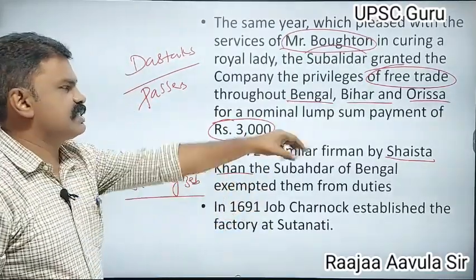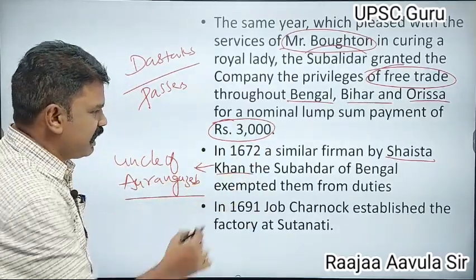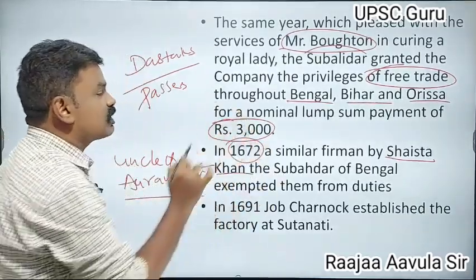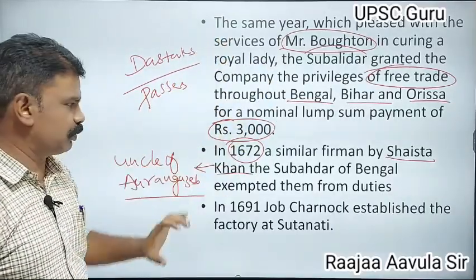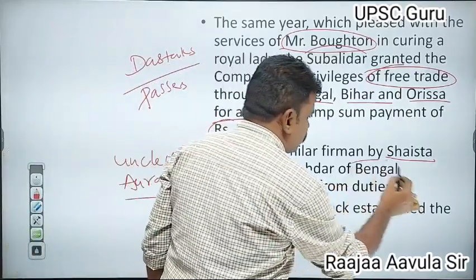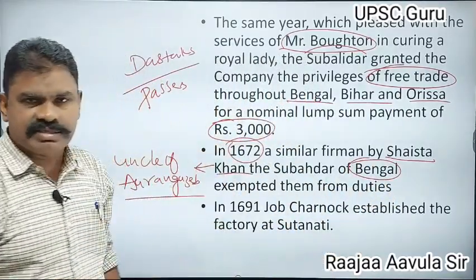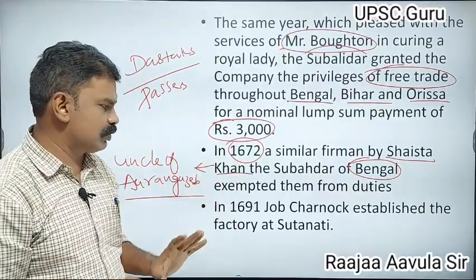He gave permission to the British East India Company in 1672, the same Farman, and whatever they had been granted was continued. In Bengal, they were exempted from taxes and from trade duties.